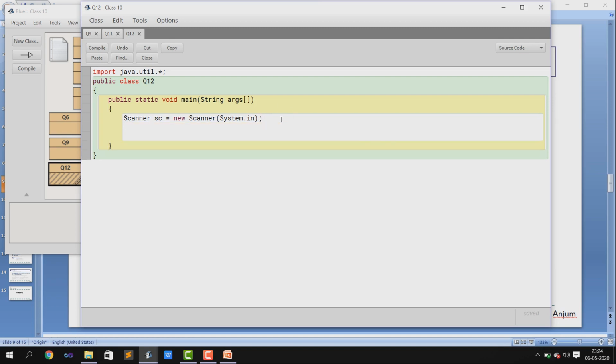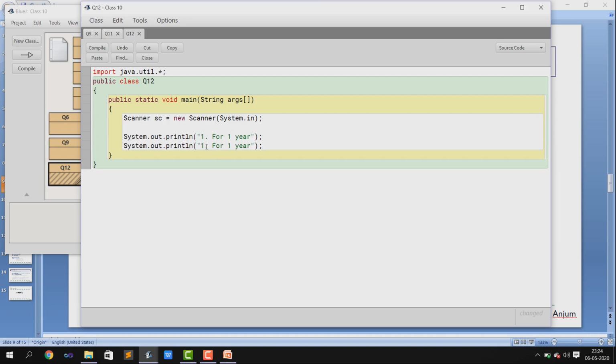Now let us try to prepare our menu. Write System.out.println 1 for 1 year. Like this you are going to include it in your program. 1 for 1 year. Now let us copy this. 2 for 2 years.